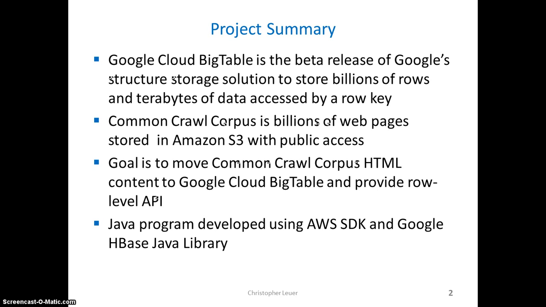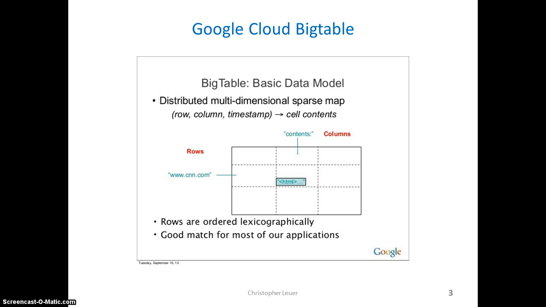I developed a Java program using the AWS SDK and the Google HBase Java library. Here's a slide provided by Google. I've seen this in several of their presentations, and it illustrates the basic data model. This is not a table in a traditional sense.